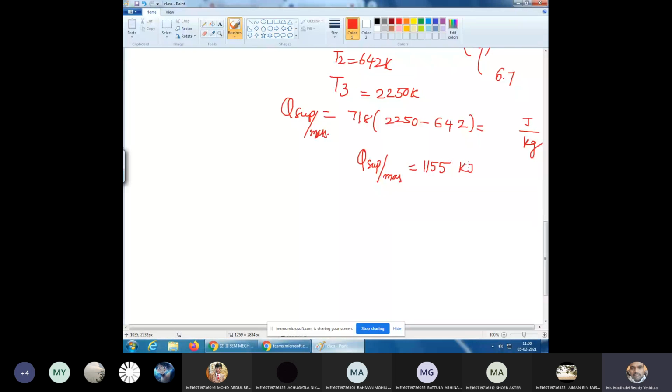Kilojoules per kg. Okay. So therefore, once you know heat supplied, work done is equal to efficiency into heat supplied. So we got efficiency is 50%. That is 0.5 into 1155. 577.3 kilojoules per kg.